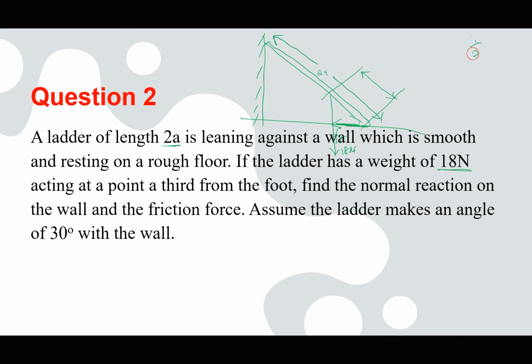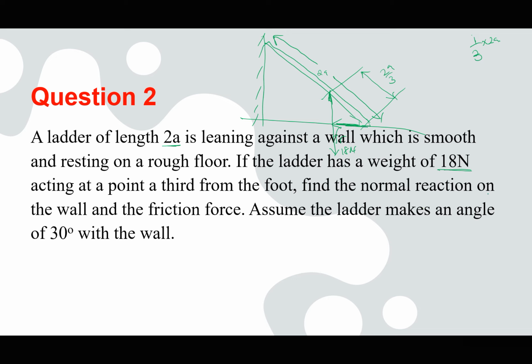So this distance is going to be 2a divided by 3 from the bottom to where the weight is acting. Okay, find the normal reaction.